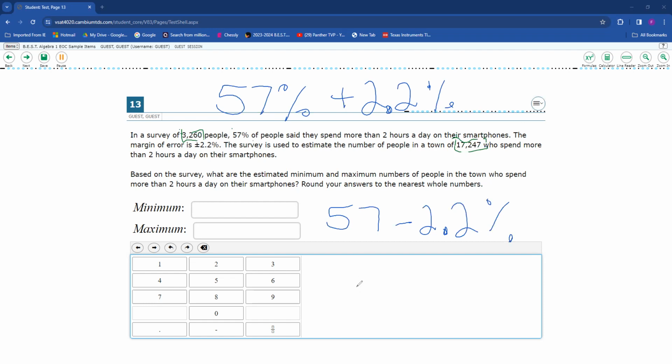And this is gonna be the maximum, and this is gonna be the minimum that we're gonna use with the actual population, because the 2,060 people that was already used in the survey, and that was to determine the actual amount of 17,000 plus people. So 57 plus 2.2 is 59.2%. At the same time, 57 minus 2.2% should be 0.2 less than 55, or 54.8. Is that right? I'll check the math. 54.8 it is percent.